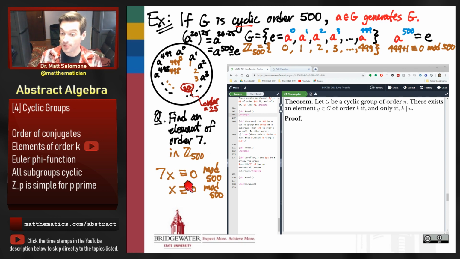So only x equals 0 will satisfy this equation, but 0 is not an element of order 7, it's the identity, and so its order is 1. Okay. So we can't do it. There is no element of order 7 in Z mod 500, and therefore there's no element of order 7 in our abstract cyclic group either.